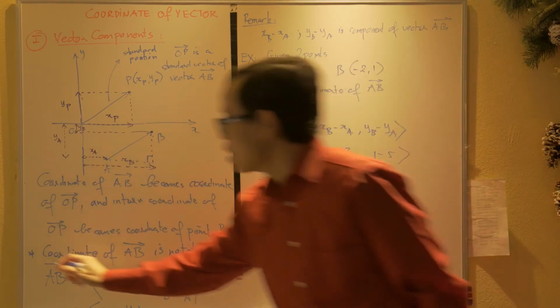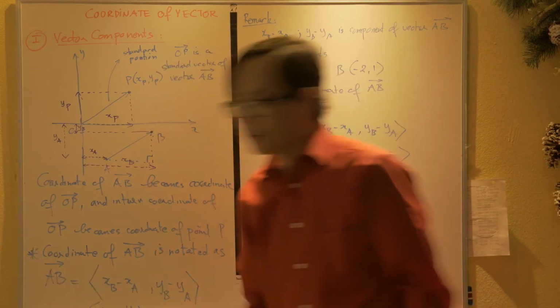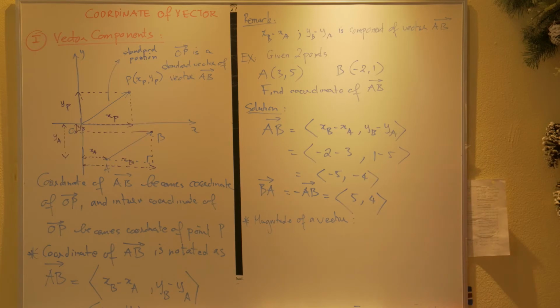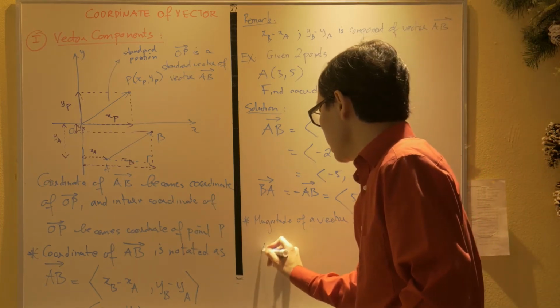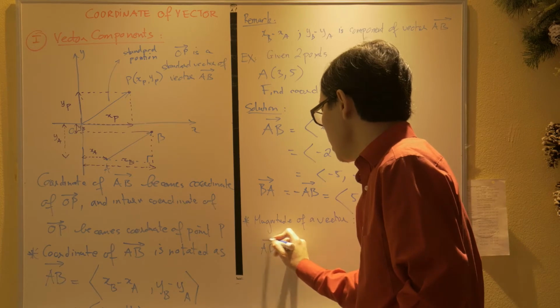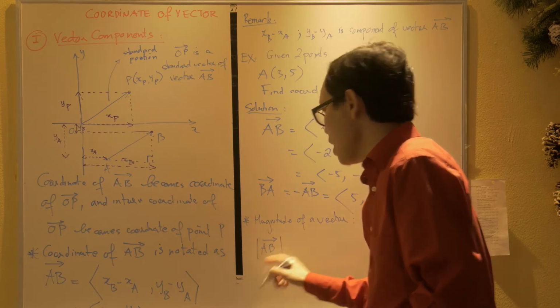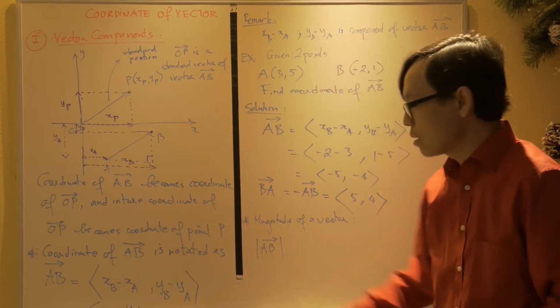So this is the first step. Given the coordinates of 2 points, you can find the magnitude of the vector, and the notation for the magnitude of the vector is AB with the bar like that. In the previous video, we already talked about this.